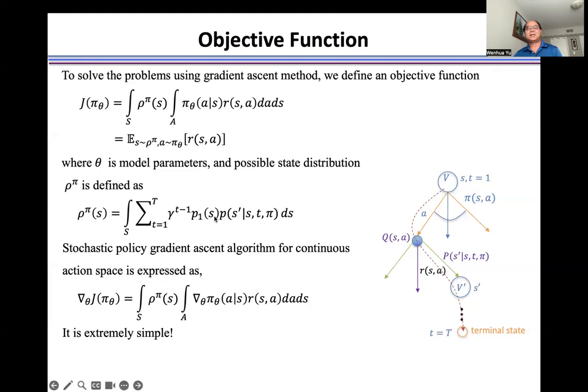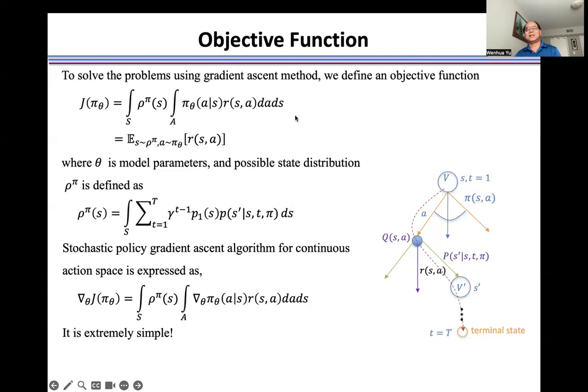And this one is at the initial state, what's the probability, and here is the state transition probability. That means this state distribution tells us how we go from the initial state to the terminal state.